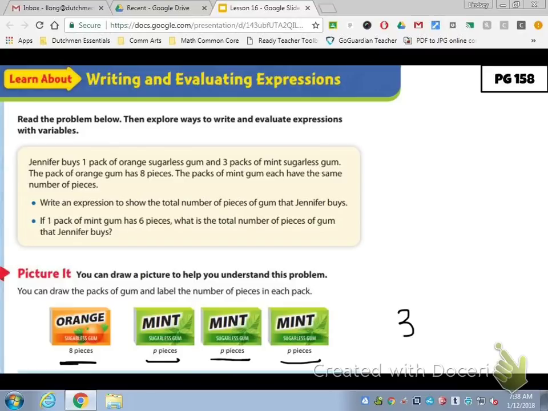Well, we have 3 with P number of pieces in them. So we would multiply to find that answer, right? But then we also want the total number, so we would be adding the orange gum, which is how many pieces? It's 8. So we would write 3P plus 8.